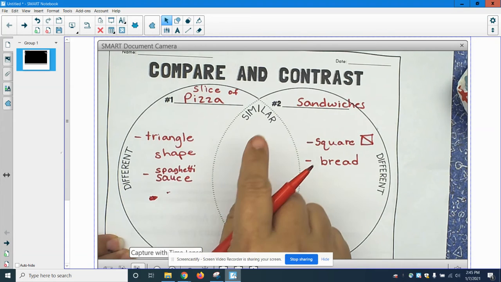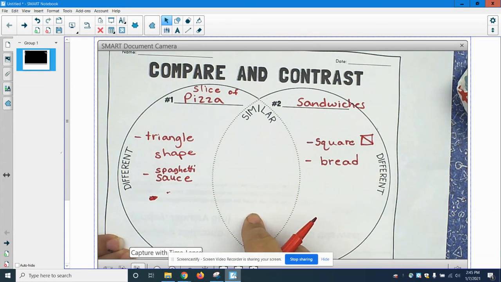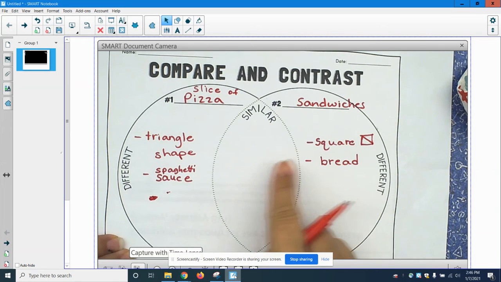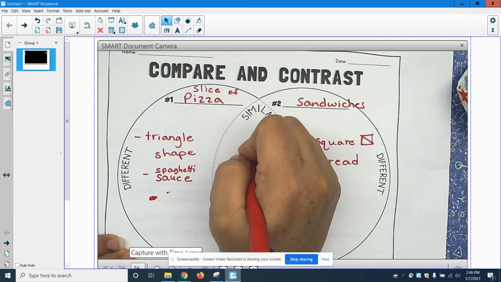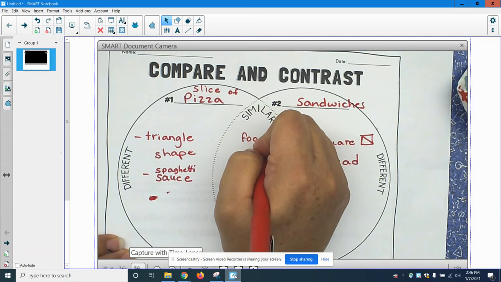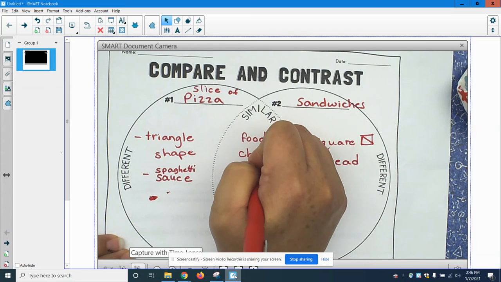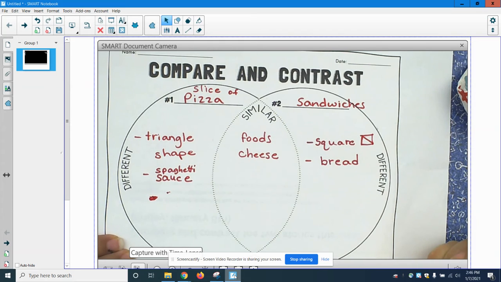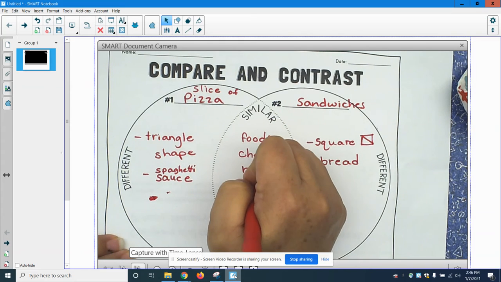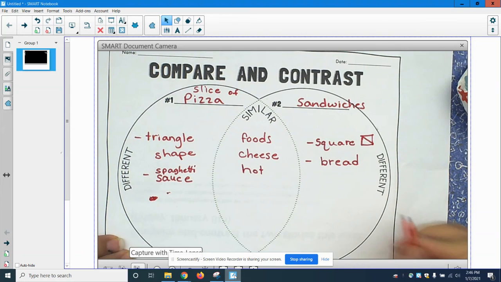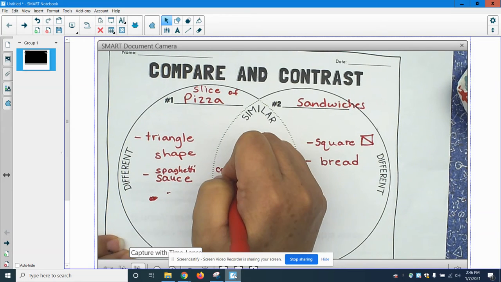And then we got to think about how they're similar. How is a pizza and a sandwich similar? Well, they're both foods. They both could have cheese on them. Sandwiches can be hot and pizza can be hot.